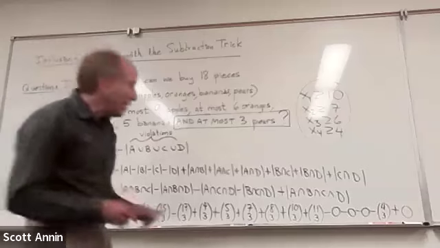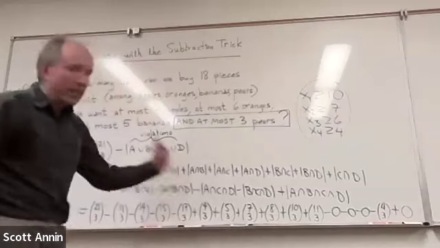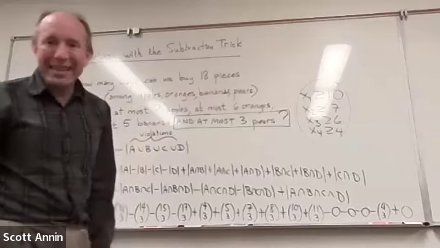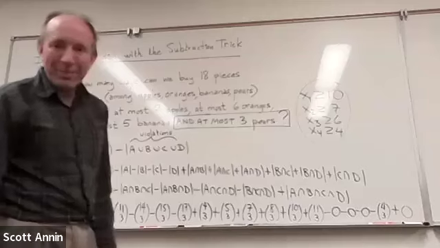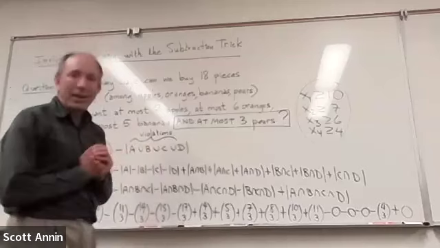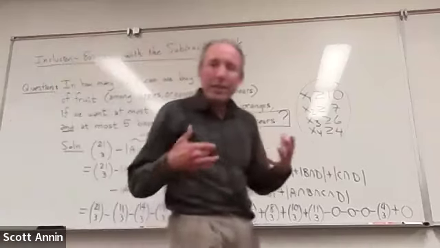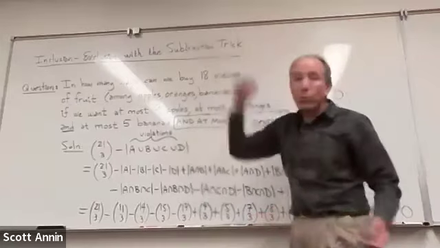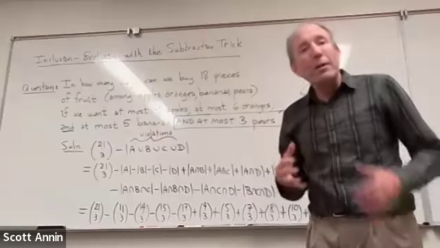So there you go. That is another example of the inclusion-exclusion principle, this time using 4 sets instead of 3. I hope that this has been helpful to see how we can sometimes use the subtraction trick together with inclusion-exclusion.